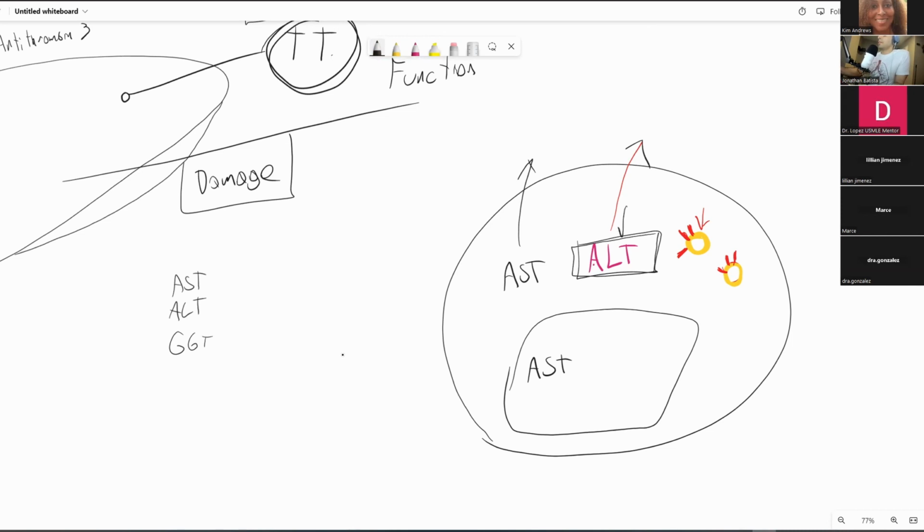This is more of the minor one. It reminds me of creatine kinase. If your muscle is damaged, you'll leak CK, creatine kinase, but if your muscle is getting destroyed, then you leak myoglobin.